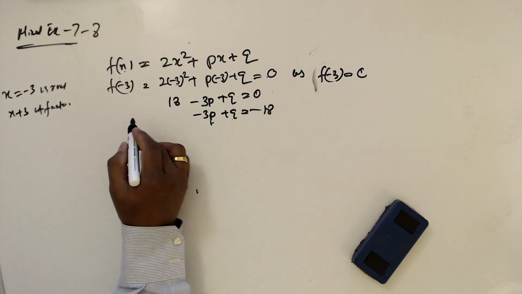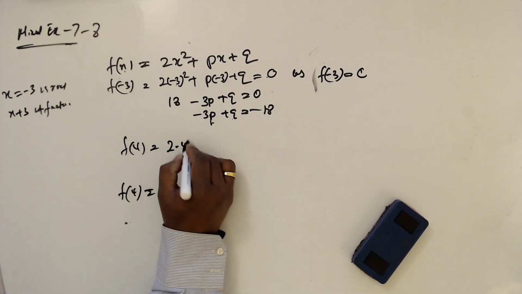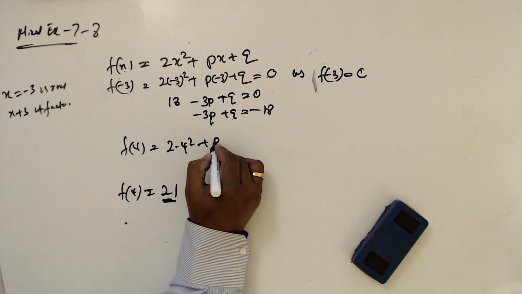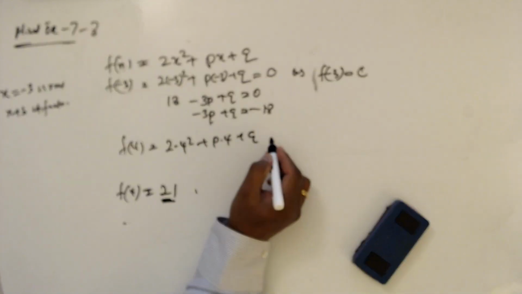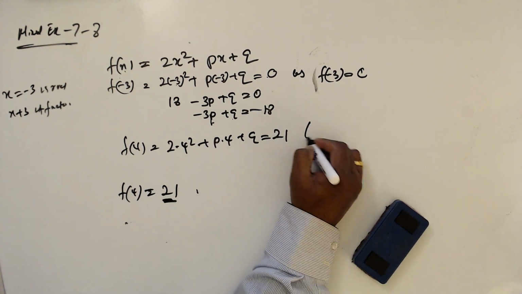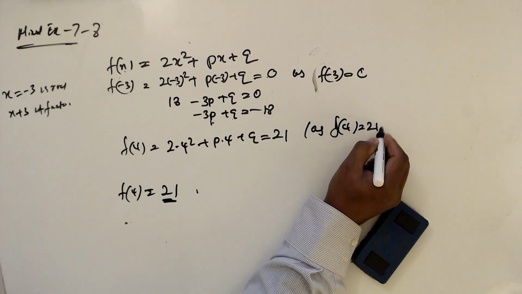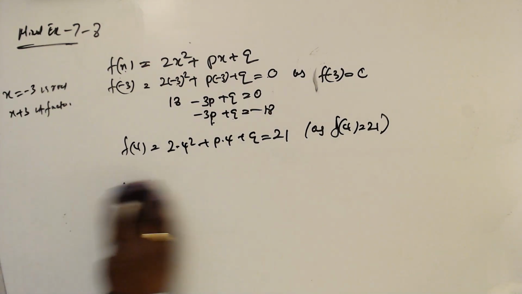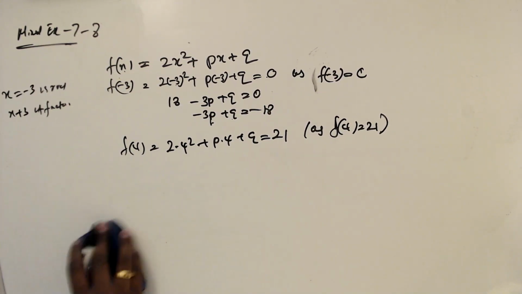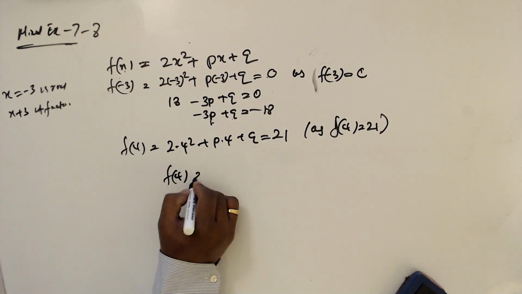So now f(4) equals 2 times 4 squared plus p times 4 plus q, and this value is going to be 21, as f(4) equals 21.